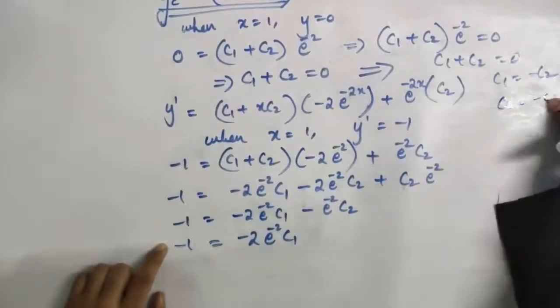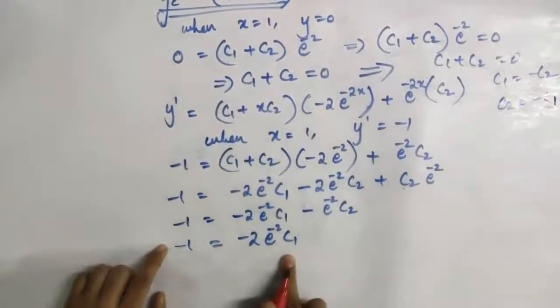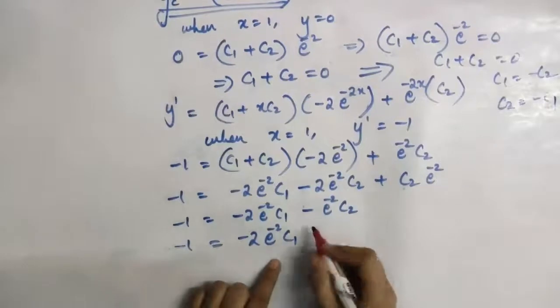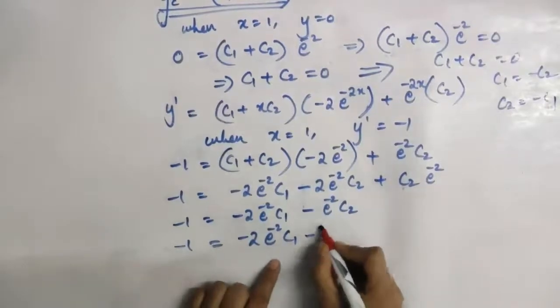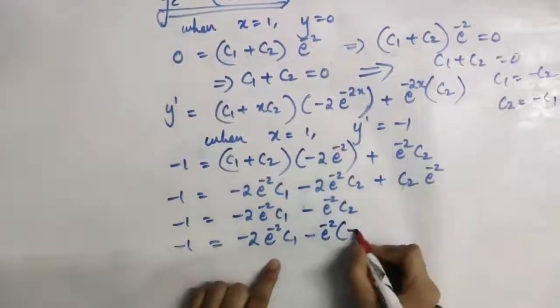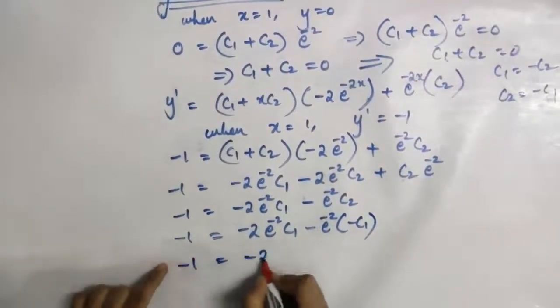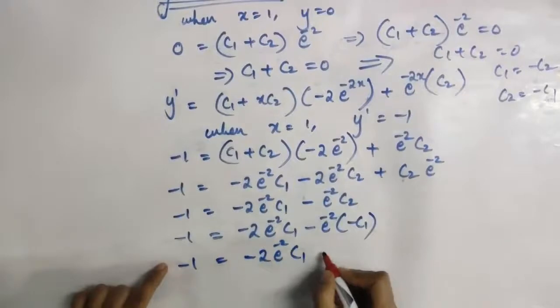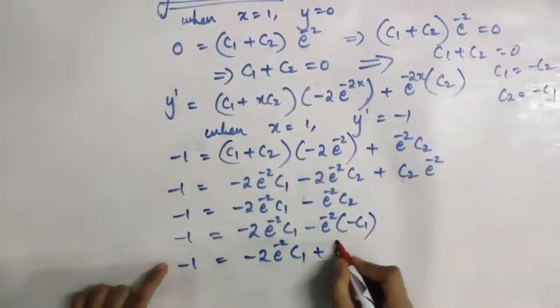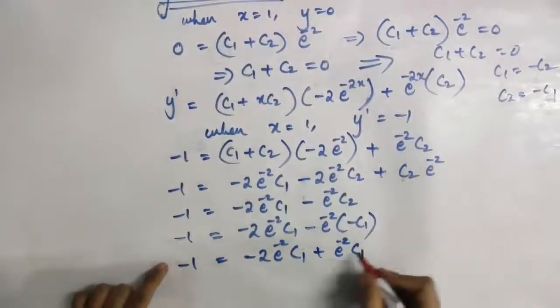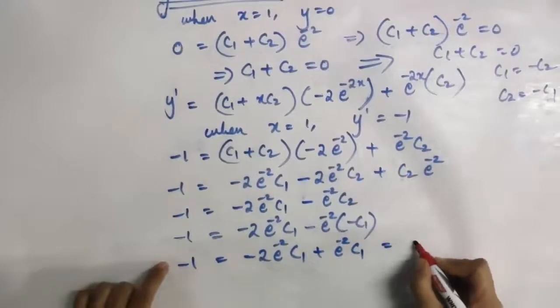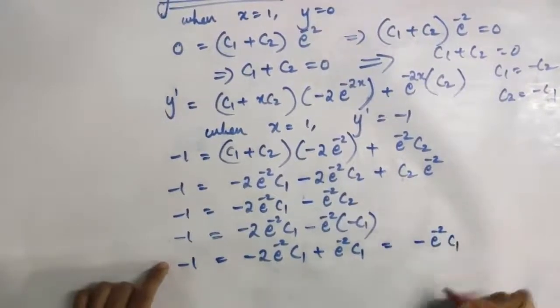I will replace c2 with minus c1 here. So now minus 1 is equal to minus 2 e to the power minus 2 c1 plus e to the power minus 2 c1. If you add the two terms here, you will get minus e to the power minus 2 c1.